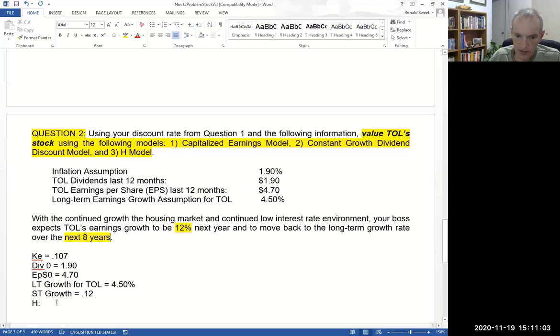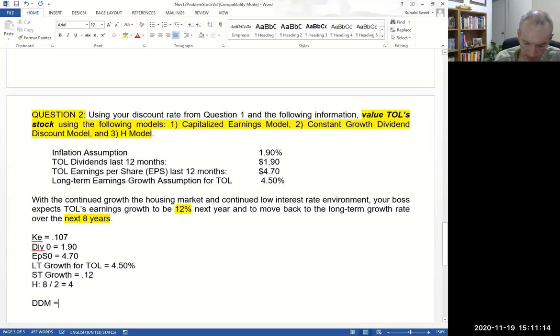So your H is 8 divided by 2, or 4. All right, so there's all your inputs. And so all you got to do is just plug it into the model, the dividend discount model. You'll take dividend 0 times 1 plus long-term growth, divided by KE minus long-term growth.